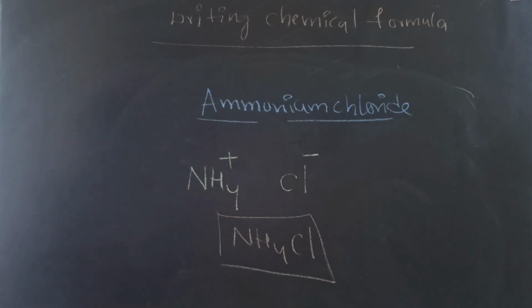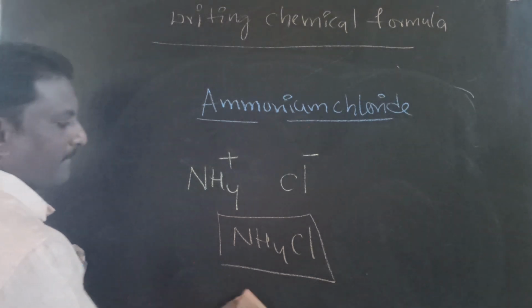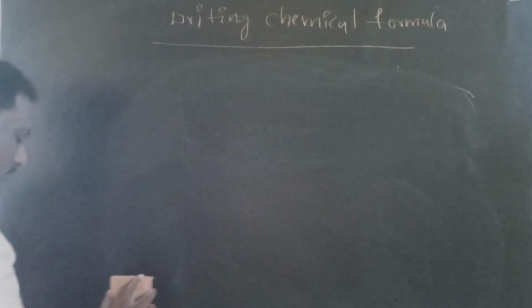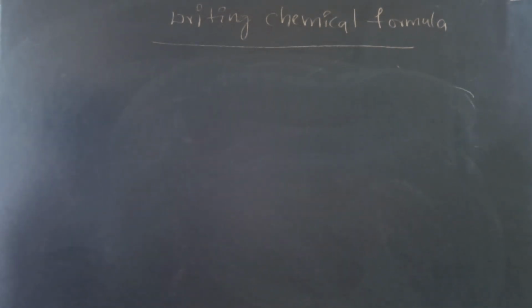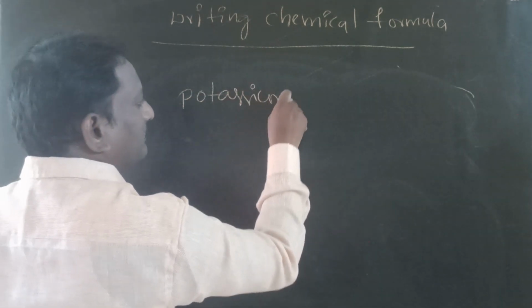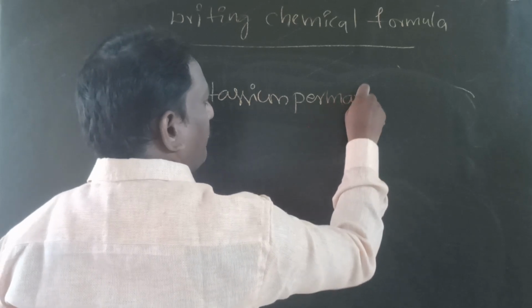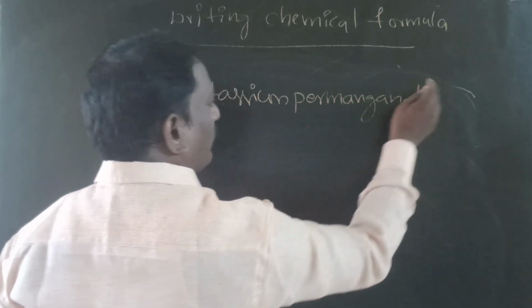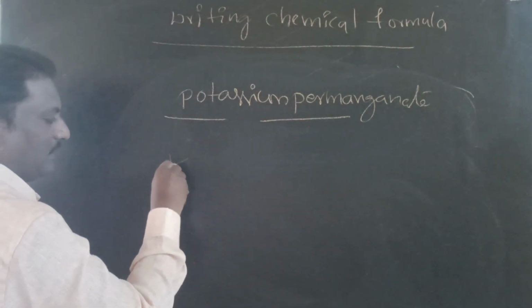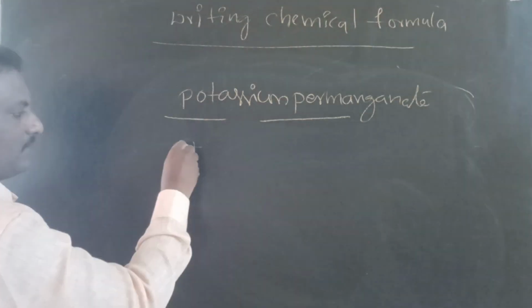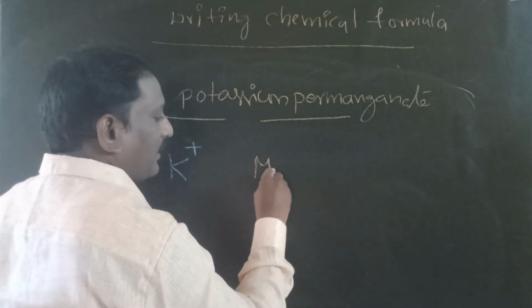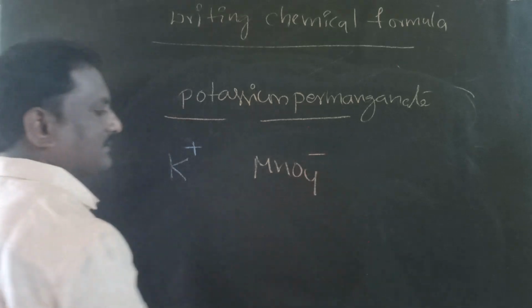Next one, potassium permanganate. So the potassium ion formula is K+, and the permanganate ion formula is MnO4-.